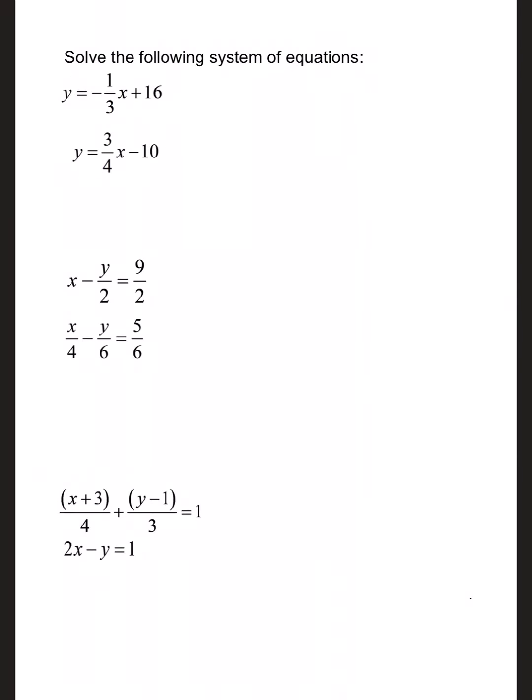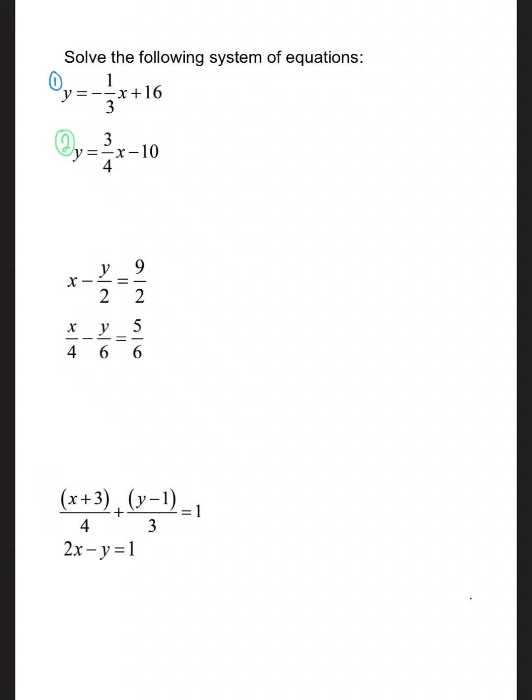Okay. So on this next example, again, I'm going to have you guys give it a try, recognizing that you are going to have to try to clear the fraction. But in this case, before I let you go ahead and do it, take a look at equation 1 and equation 2.